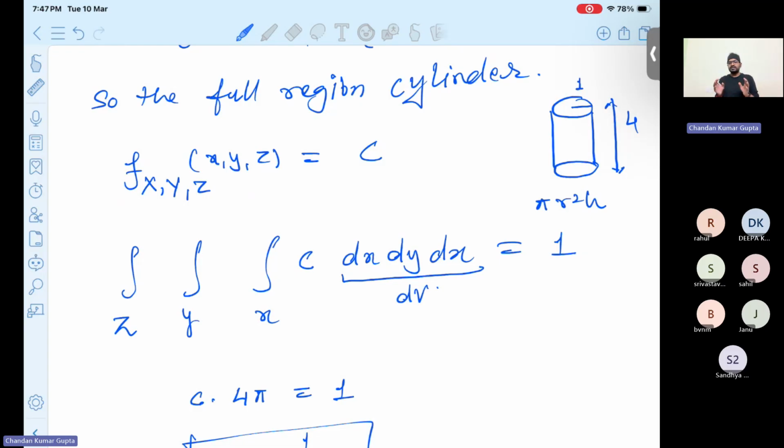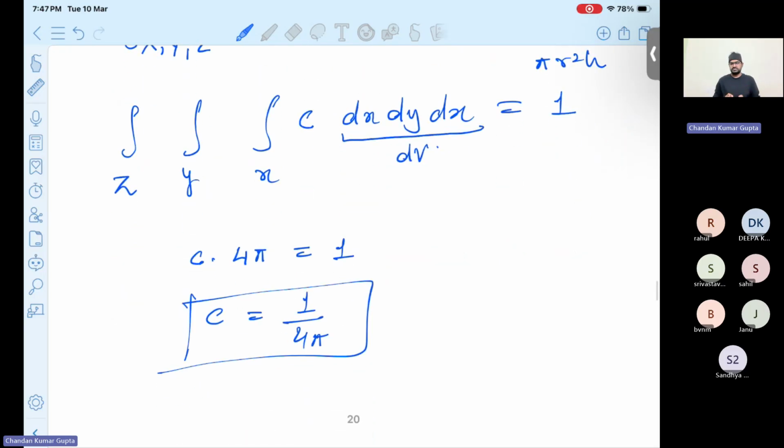Okay, so the integral term comes out to be 4 pi and the constant c is there. So c into 4 pi comes out to be 1. From there, c can be evaluated as 1 upon 4 pi. So this is the case. If you still don't understand, let me know. So this is our constant term. C comes out to be 1 by 4 pi.